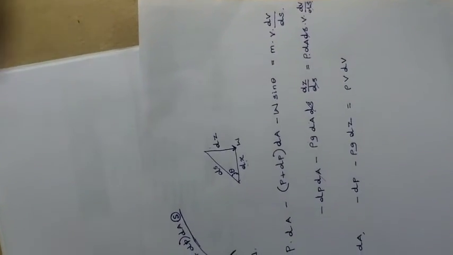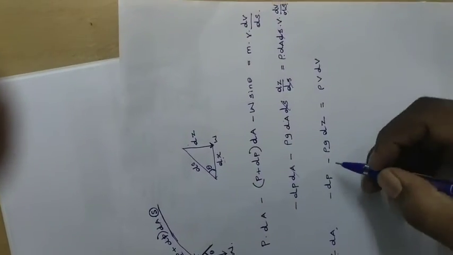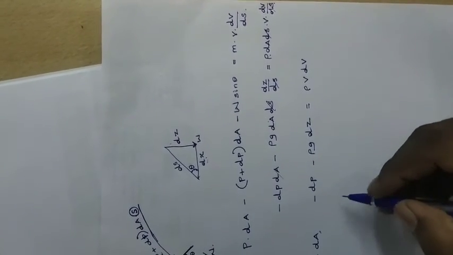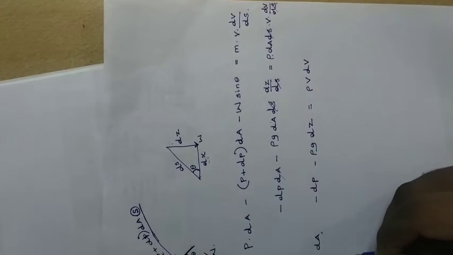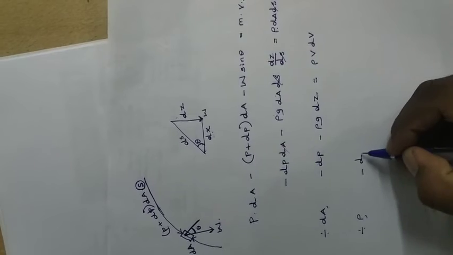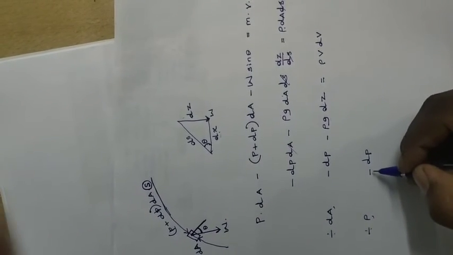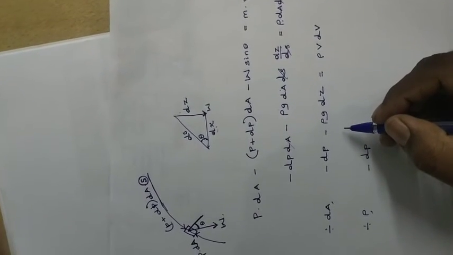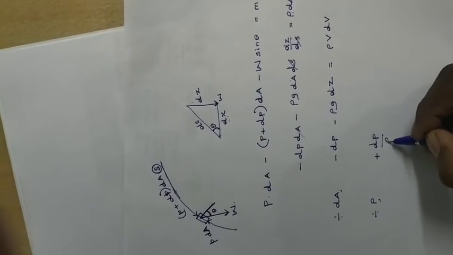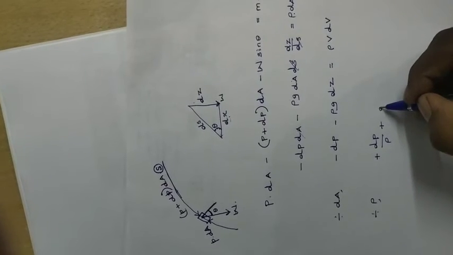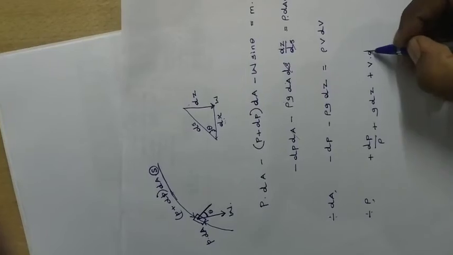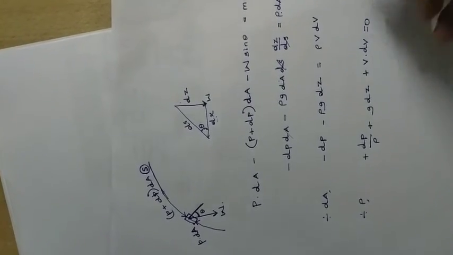The area is already removed. So this is your equation. If you divide it commonly by rho, it will become minus, and also you can remove the negative symbol when you join like this, equal to 0, right?